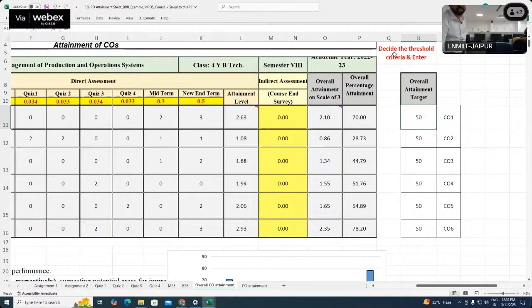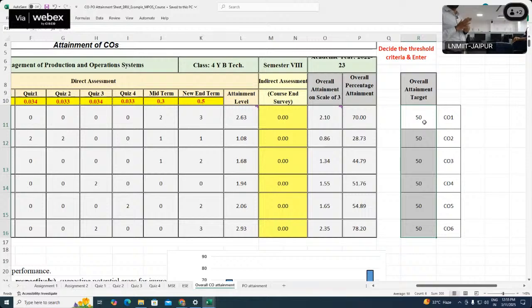So this is not the threshold criteria, this is the attainment criteria. Let us say we are keeping the same again, 50% is the attainment criteria for all COs. It could be different depending upon the complexity of the particular CO. That again has to be determined by the course coordinator who is teaching that course.